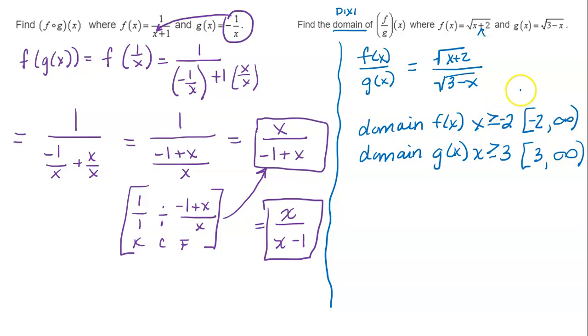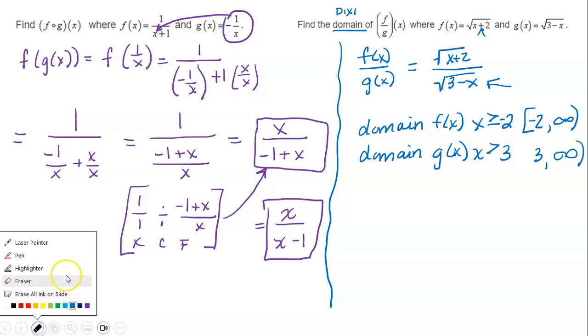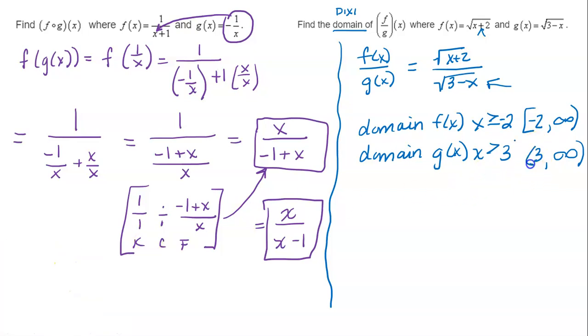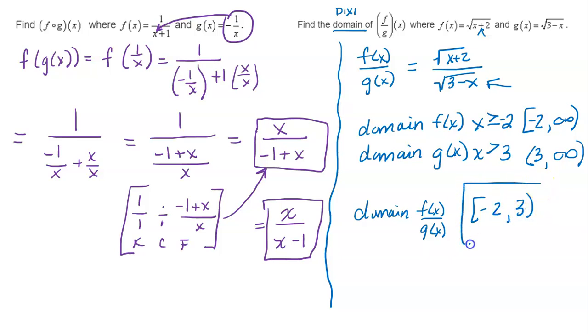The only problem is that when I put it here, it can't equal 0. So I'm going to have to take the equal to part off. So it actually can't equal 3, or else that makes this 0, and that's not good. So my domain for f of x over g of x is going to be -2 to 3.